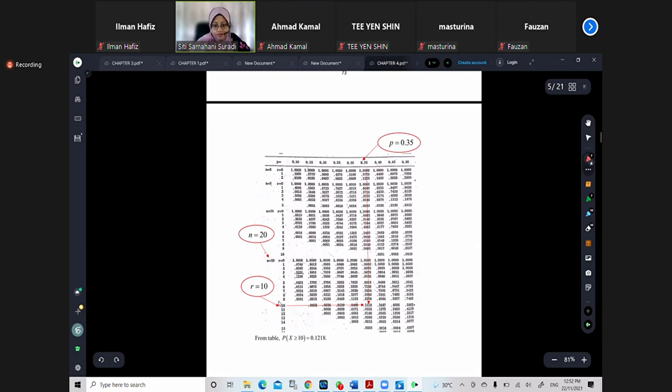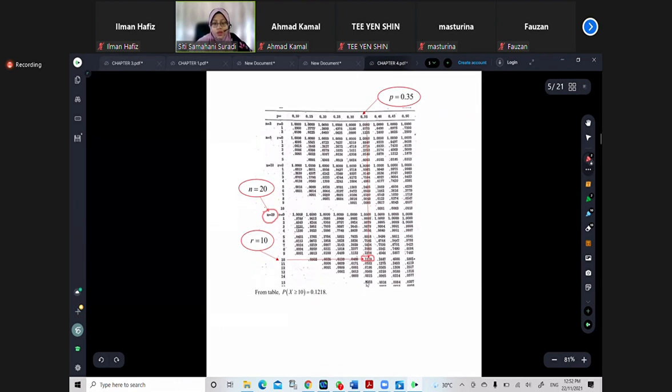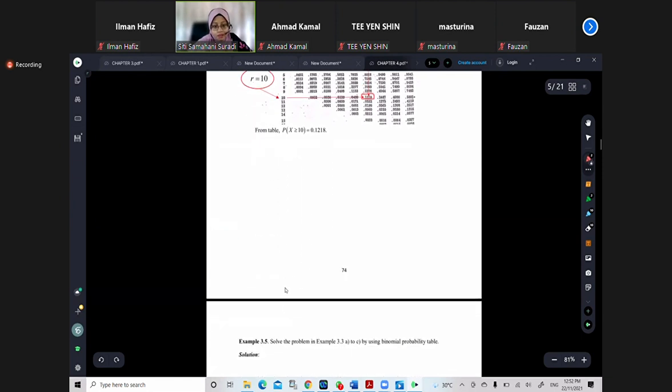Just drag, find the value for p of 10 that's more than or equal to 10, then you get the value here lah. Okay, for p 0.35. So you need to find n equals 20 first, and then you need to count r up to 10. And then you find the value is this one lah, more than or equal. So that means 0.1218. Okay, this is the way.